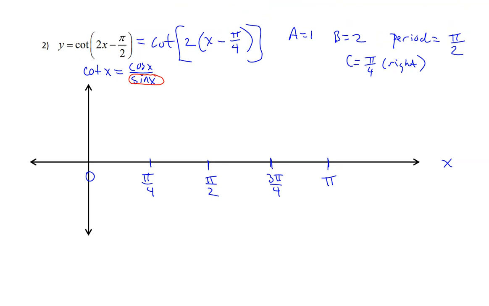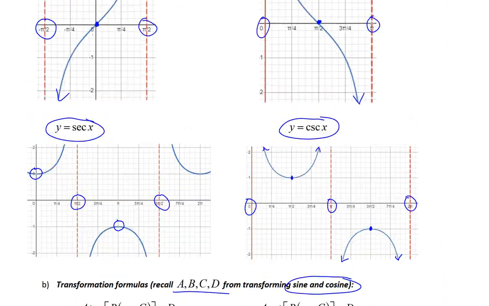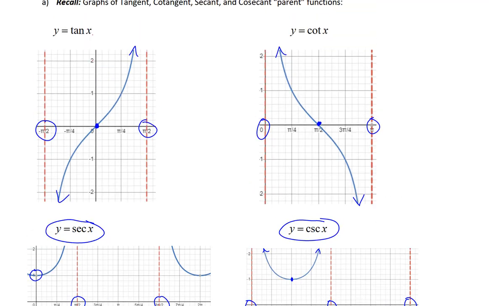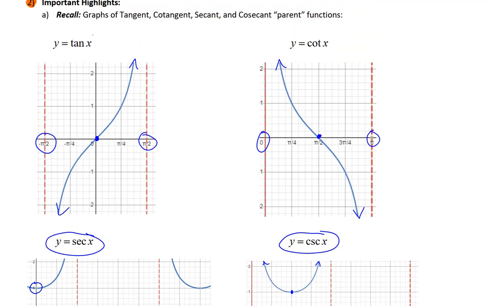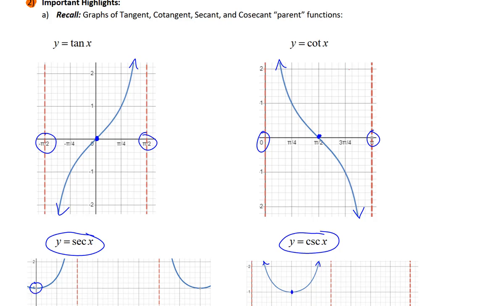A real good pro tip here is to go back and be familiar with the parent function for cotangent. I'm going to scroll back up to that. We had it above, way back here. In the previous section, we developed these parent functions more primitively, but now we're just recalling some of their details. You'll notice way above here, we graphed the parent y equals cotangent of x function over one period, and notice what happened here, right?